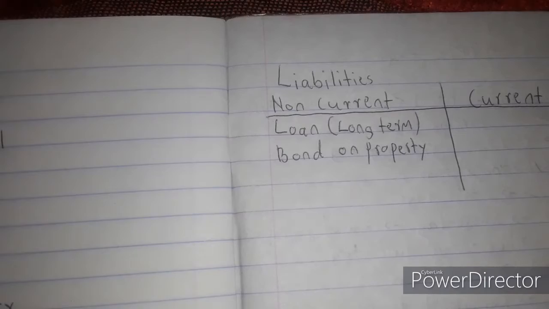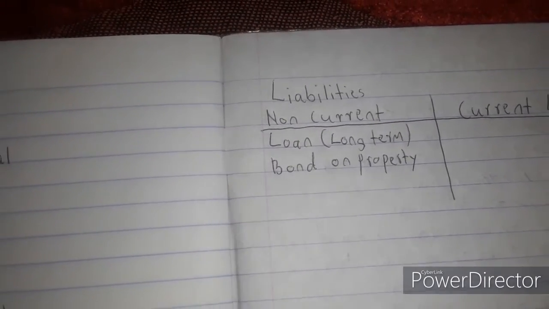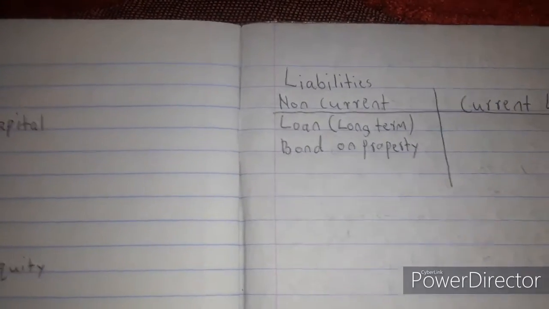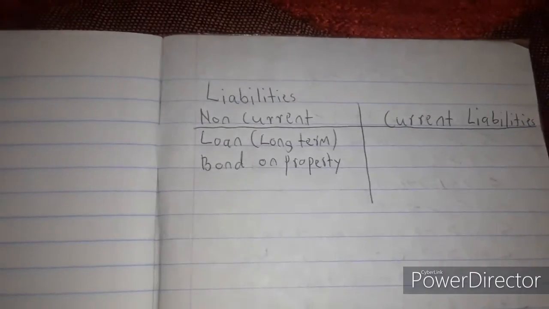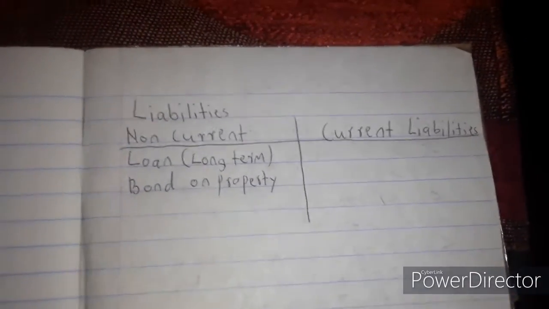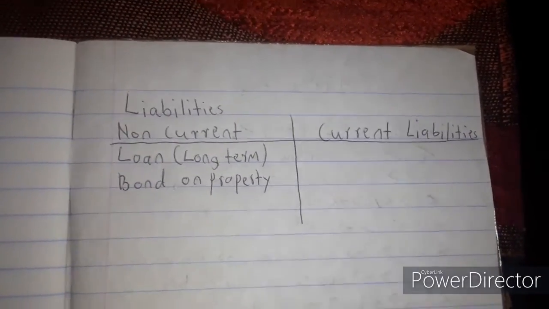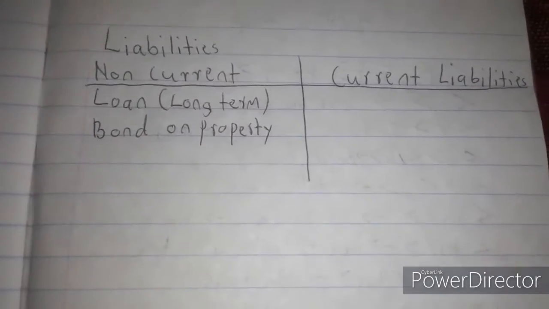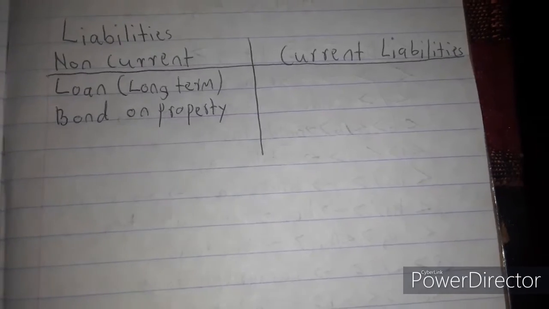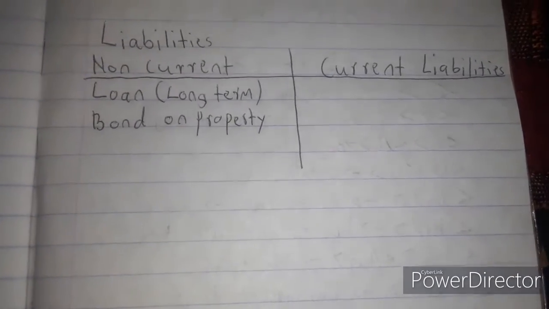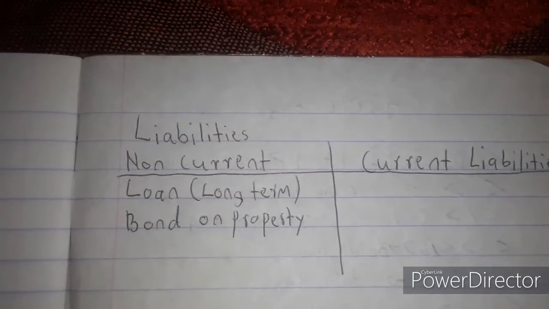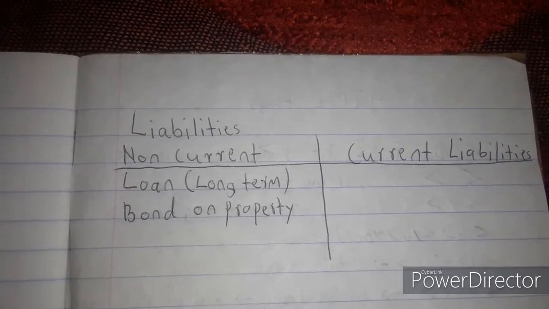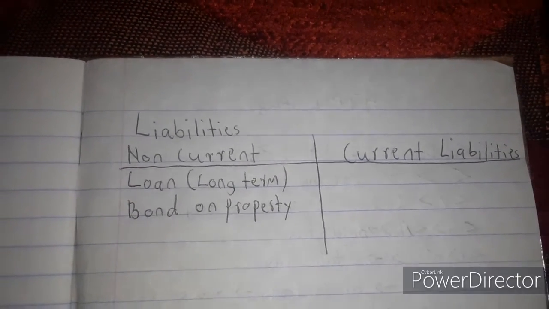So that is called a mortgage bond on property. The bank gives you the money and the property to use it while you are still recovering the debt, as the security that you pay the debt.